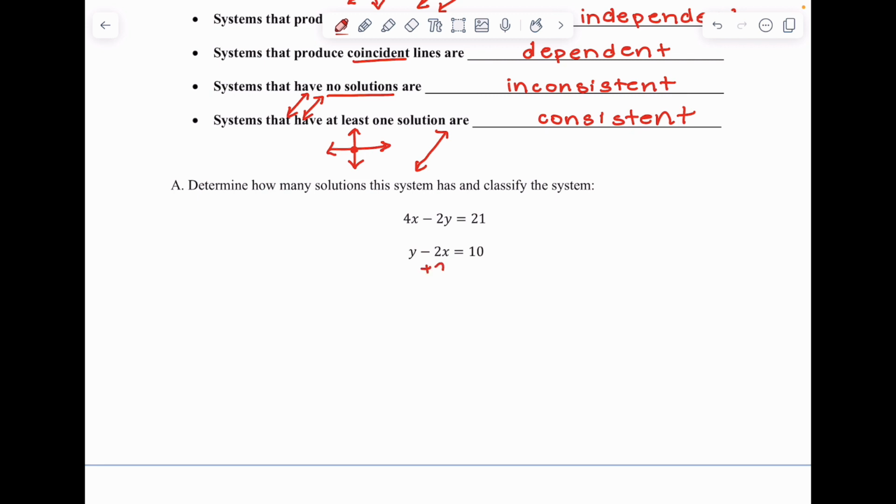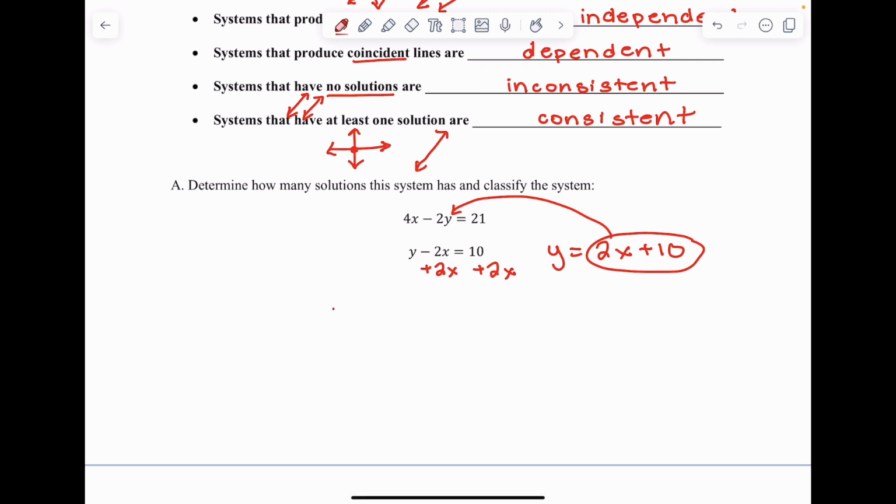If I add 2x to either side of this equation, I will get y equals 2x plus 10, and then I am set up to do the substitution method, where I can plug all of this in for y, and I will get 4x minus 2 times 2x plus 10 equals 21. I'm going to distribute, or double rainbow, so I get 4x minus 4x minus 20 equals 21.